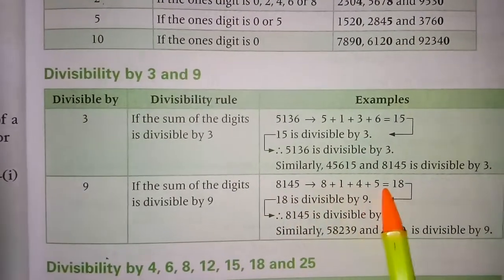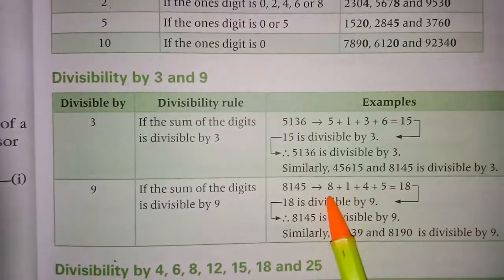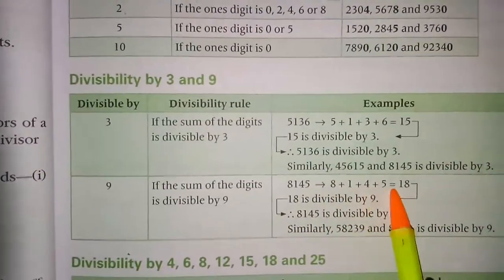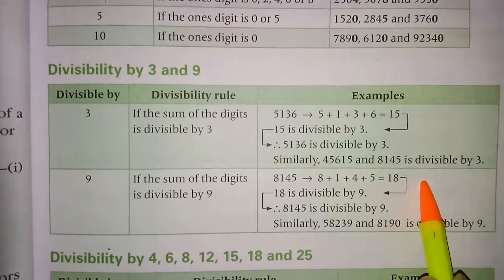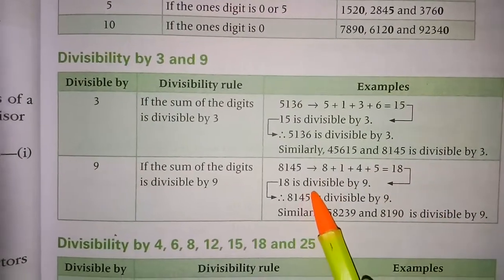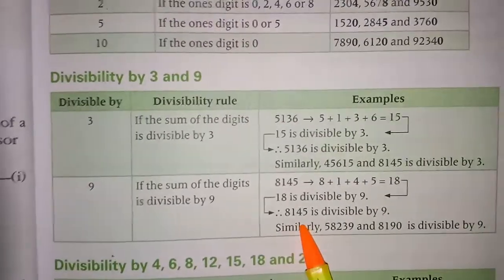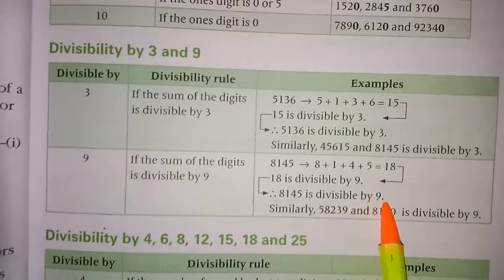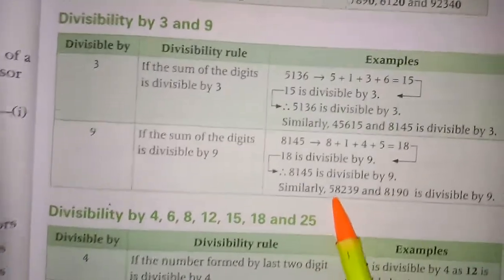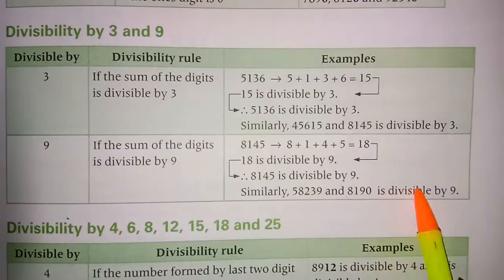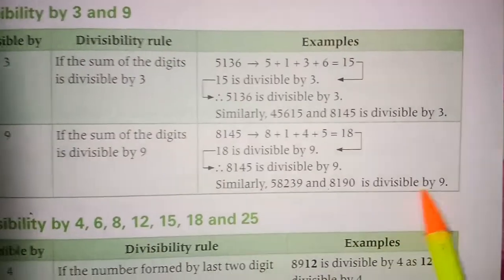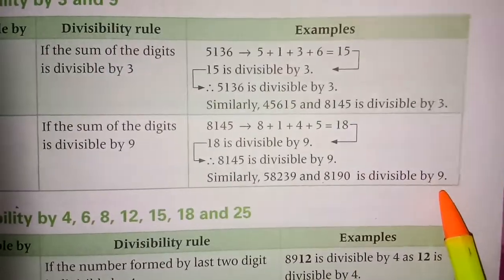Firstly we will find the sum of these digits: 8 plus 1 plus 4 plus 5, and their sum is equal to 18, and 18 is divisible by 9. So 8145 is divisible by 9. Similarly, we can take some more examples to check whether these numbers are divisible by 9 or not.